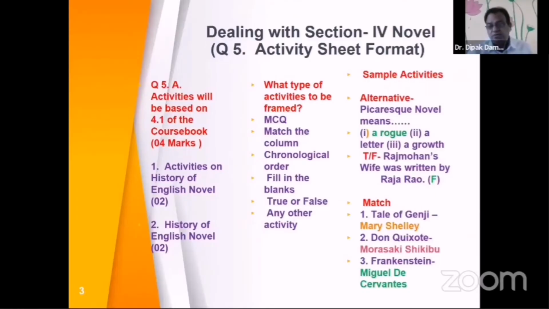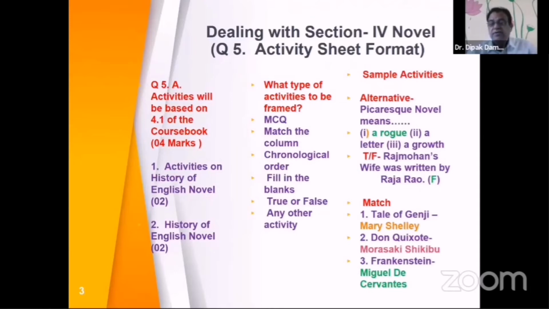Question number 5A has 4 marks, and those 4 marks are divided into 2 activities. Both carry 2 marks each. For the activities based on this particular section, we can frame MCQ activities, match the column or chronological order, fill in the blanks, true or false, complete.